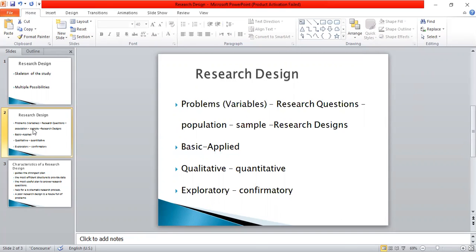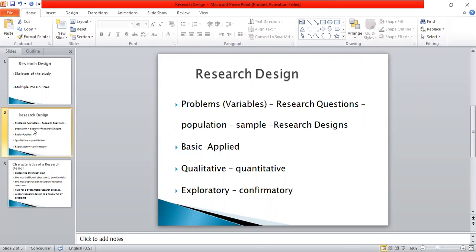When we have done these things, then what would be the suitable research design to collect data that would be reliable, whose result can be relied upon, and whose result may be valid as far as the data is concerned.